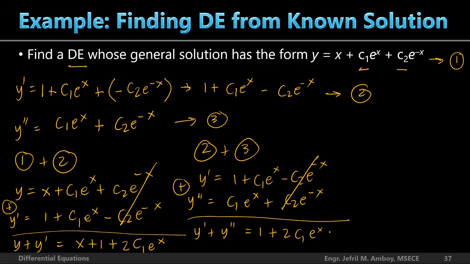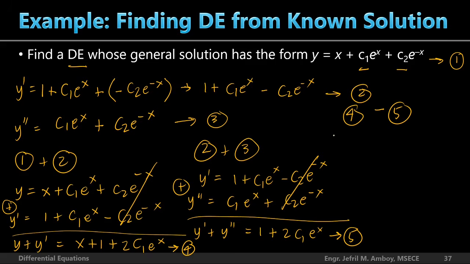Okay, so let's call this equation 4 and let's call this equation 5. Now if we notice, in equation 4 and equation 5, the only arbitrary constant left is C1. So, I can subtract these two to eliminate C1. For example, I have equation 4 minus equation 5.